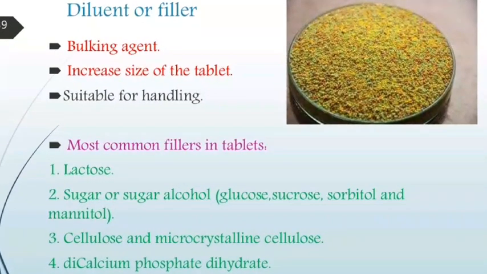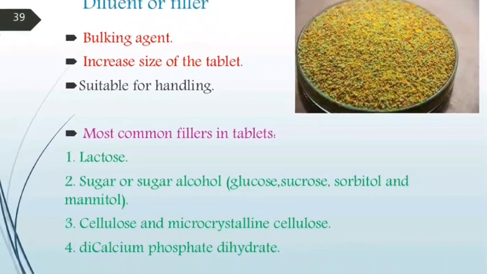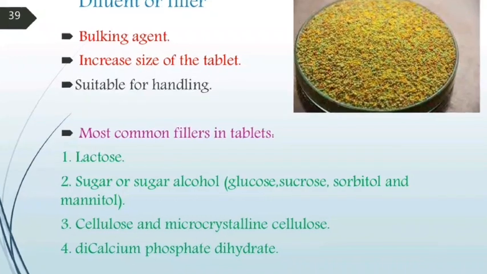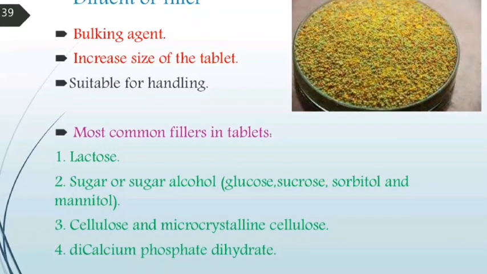As they increase the size, it makes the tablets suitable for handling. The commonly used fillers include lactose, and for a chewable tablet, sugar, glucose, sucrose, sorbitol, and mannitol can be used. Then MCC, that is microcrystalline cellulose, and cellulose derivatives are also used.